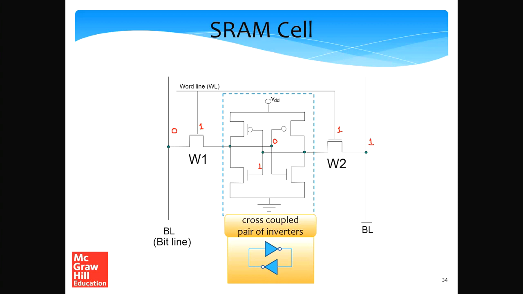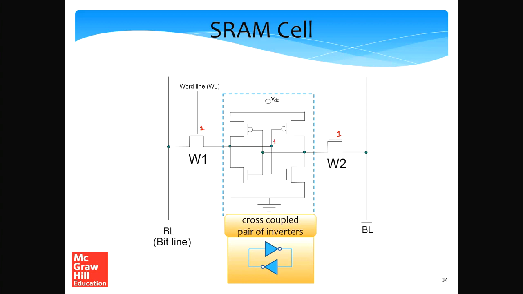In this case, for the purpose of reading, we enable the transistor by setting the word lines to 1, and we don't use any circuitry to explicitly drive the voltage of BL and BL bar. Instead, we allow their voltage to become the same as the voltages that are stored inside the cell.